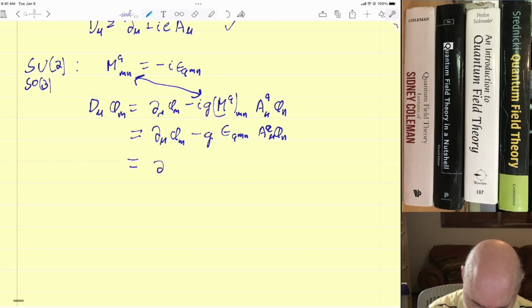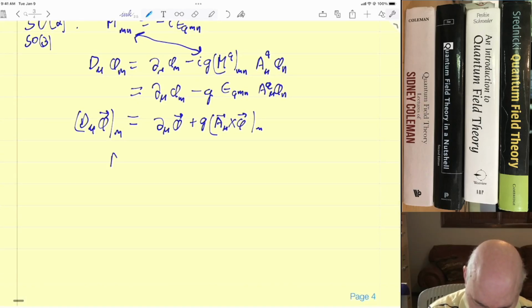This is equal to the partial of mu phi, if I write it just in vector notation, plus g, say we write this as the m component, plus g A_mu cross phi, and we take the m component.